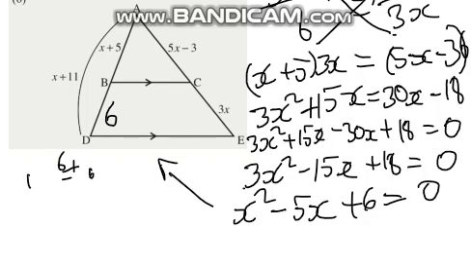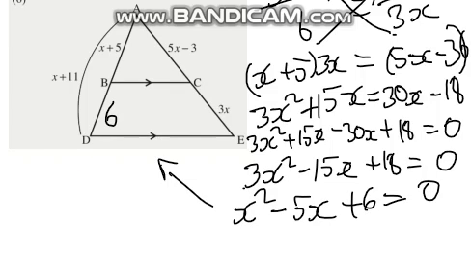Okay, so actually, we could also say 2 times 3 gives us 6. Plus or minus, that will also give us 5. I'm going to choose this one. I'm going to use 2 and 3 to factorize that.